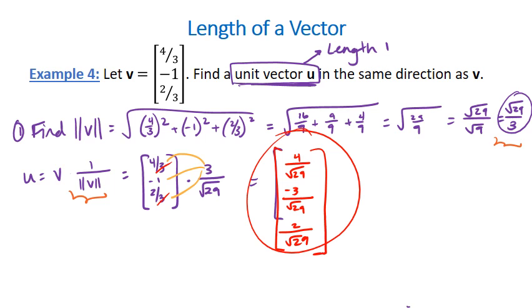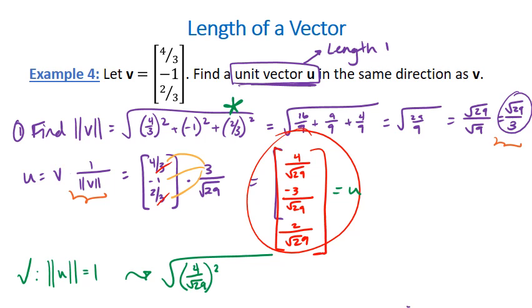This is my answer, but there is a way to verify it. We can verify that the length of u is equal to 1. This here is vector u, so I can plug it into the same formula that I used here. I'll have the square root of (4 over root 29) squared plus (negative 3 over root 29) squared plus (2 over root 29) squared.